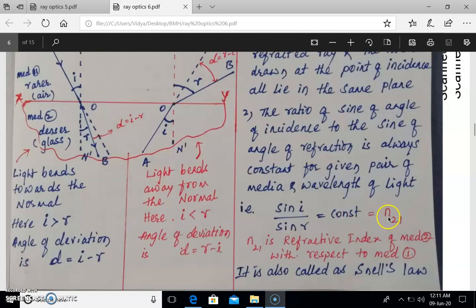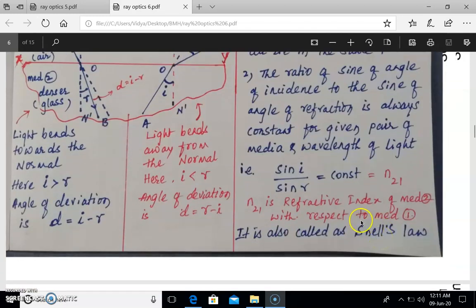That equals, we write, n21. Light travels from the first medium to the second medium, and here n21 is called the refractive index of medium 2 with respect to medium 1. And this second law of refraction is also called Snell's law.